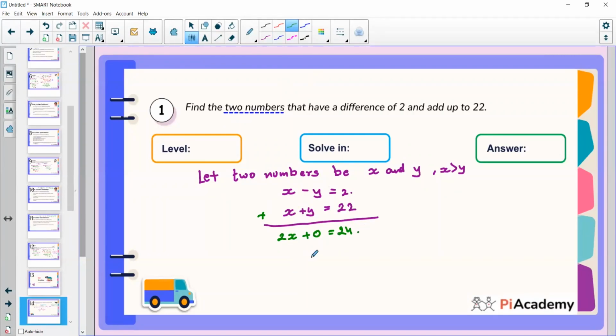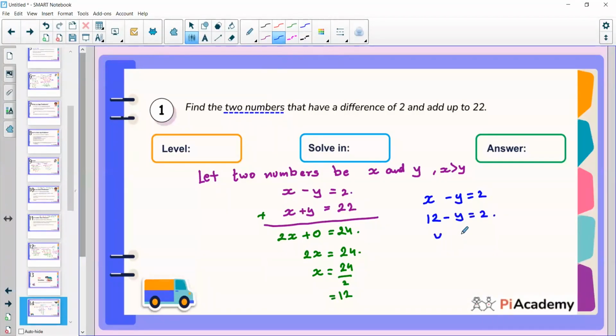So what I have? I got 2x as 24, giving me the value of x as 24 over 2, which is 12. Okay. So now I know my value of x is 12. So let me quickly substitute this in one of the equations. x minus y equals 2. x is 12. 12 minus y is 2.